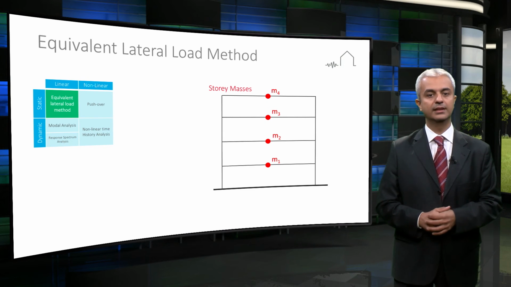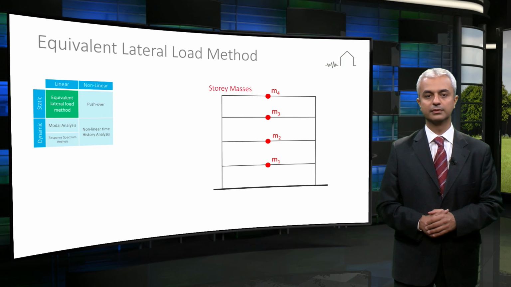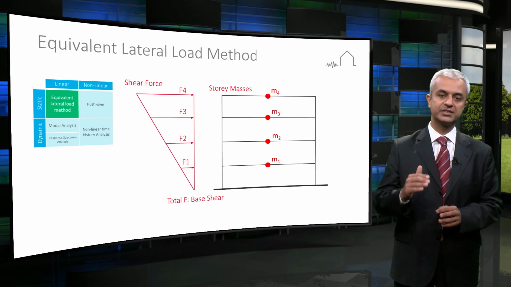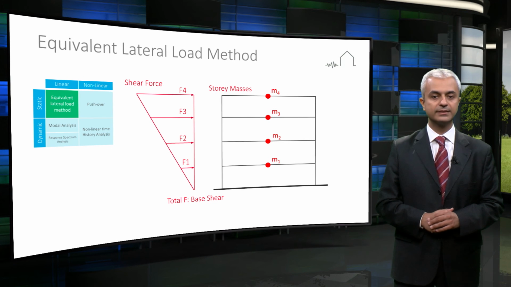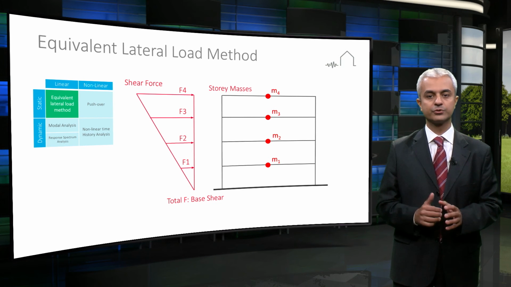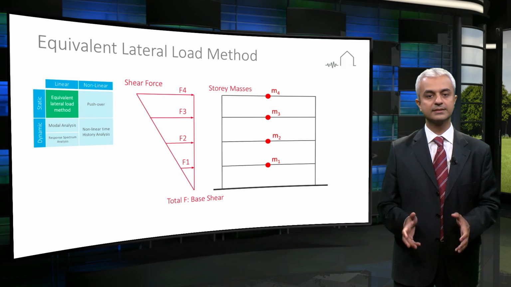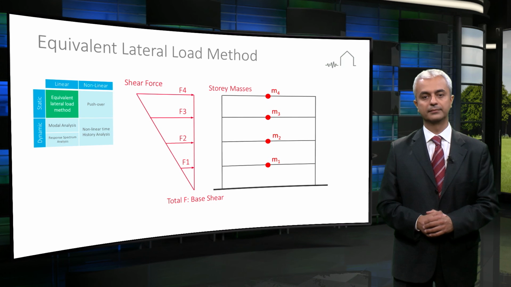In such cases, it is allowed to take only the first mode shape of the structure into account. The loading values are calculated by distributing the base shear to each floor with respect to the first mode shape. This is done by defining a static force that is derived using the first mode properties. This simplified method is named as equivalent lateral load method.